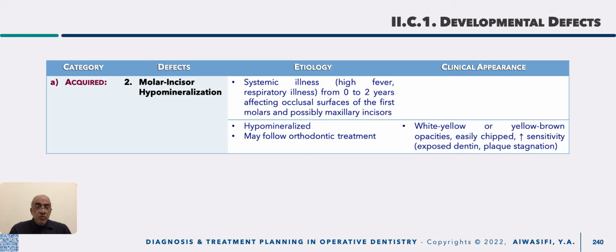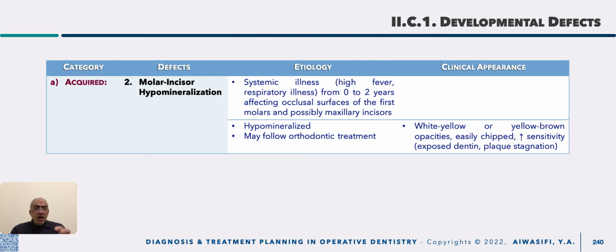Let us continue to another case of acquired defects, like molar incisor hypomineralization. It is similar to hypoplasia. It is due to systemic illness like high fever or respiratory illness from 0 to 2 years, affecting occlusal surfaces on the first molars and possibly maxillary incisors, whose germs are present inside the jaw at this time, from day 1 of birth up to a maximum of 2 years.